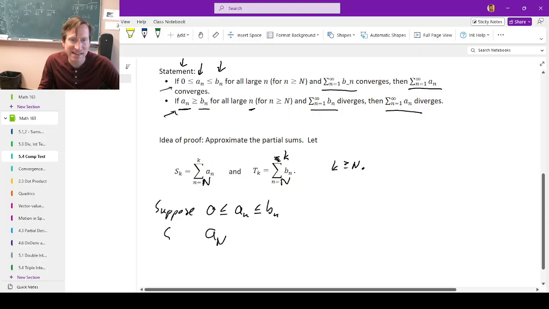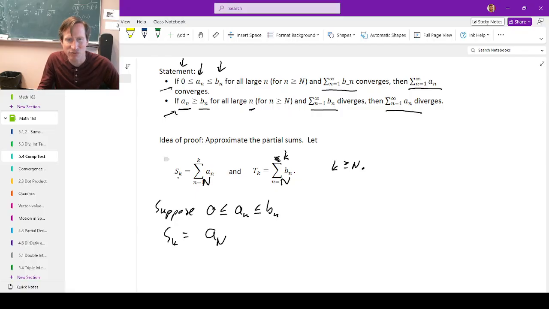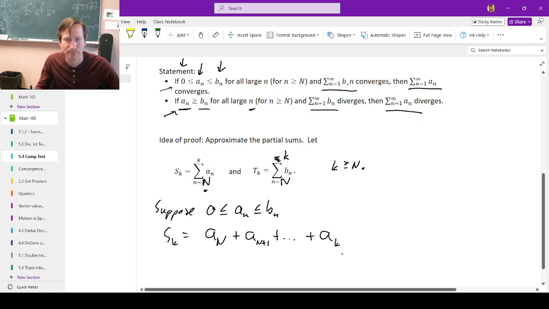So let's look at the kth partial sum of the a's. And this is a modified partial sum because we're starting at position capital N. So that's going to be a sub capital N plus a sub capital N plus 1 plus and so on all the way out to a sub k.